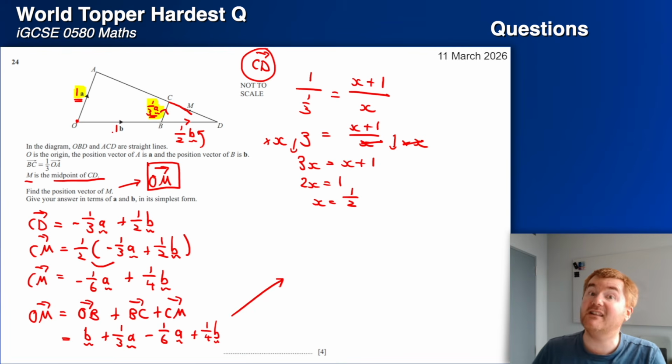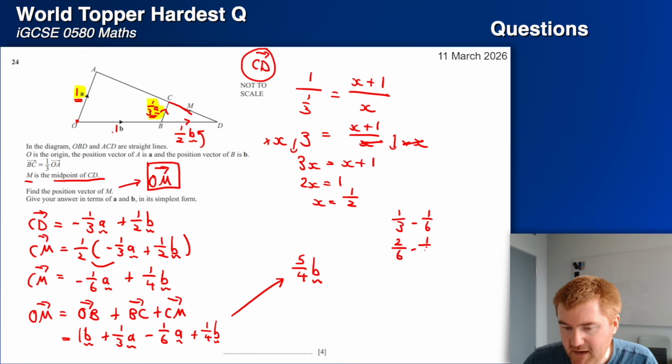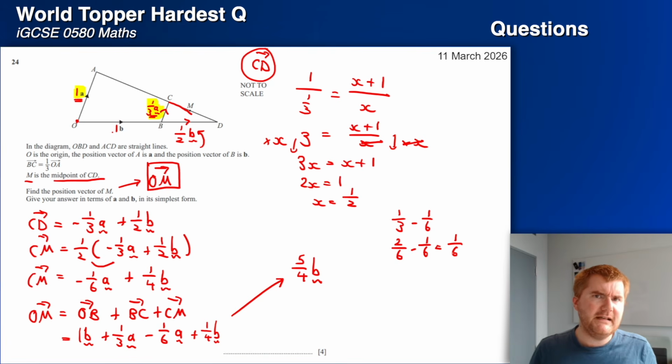Now again, we need to collect like terms here. So 1B plus 1/4 B, that's 5/4 B. And then 1/3 A minus 1/6 A. Remember, 1/3 minus 1/6 is the same as saying 2/6 minus 1/6, which is equal to 1/6. Now, fraction skills are really important.